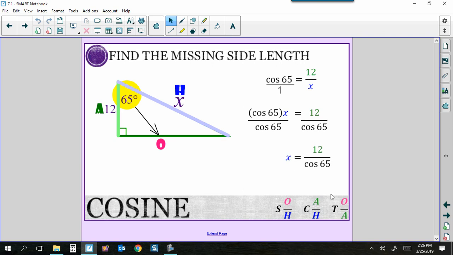In your calculator, you are simply going to type it just like that. If you do a fraction, please make sure there are parentheses around the cosine of 65. I prefer you just to treat this as a division problem though. 12 divided by cosine of 65, you should be getting an answer of approximately 28.39. Easy. One more to go.